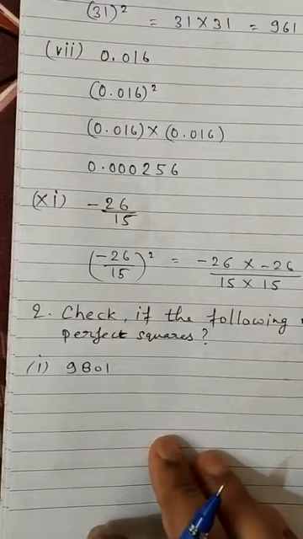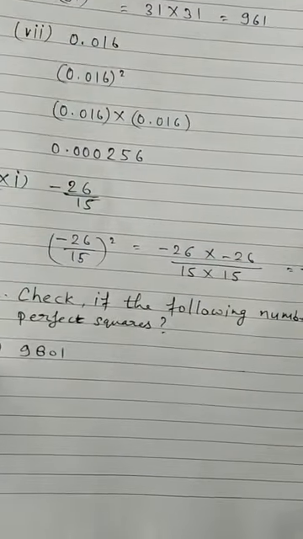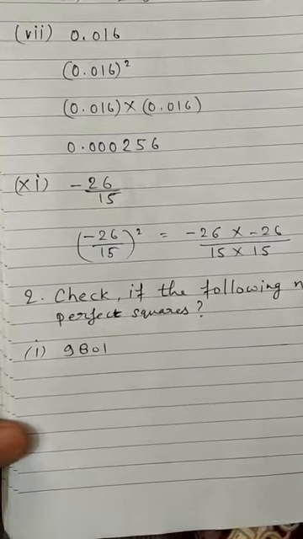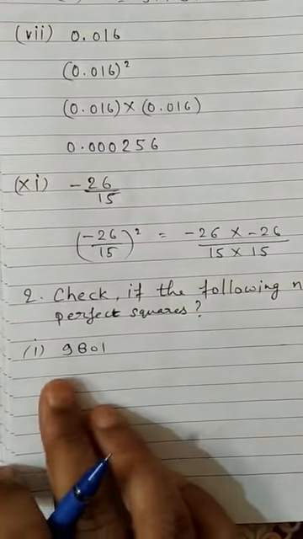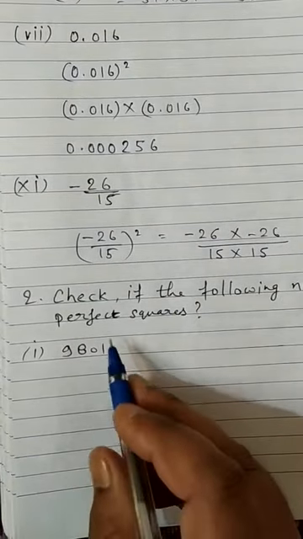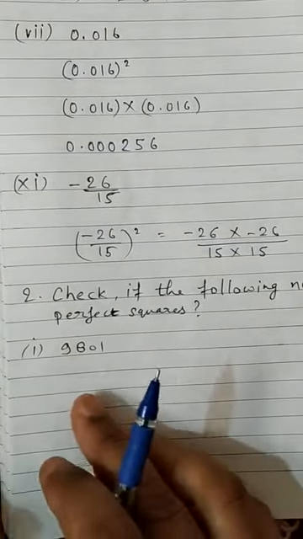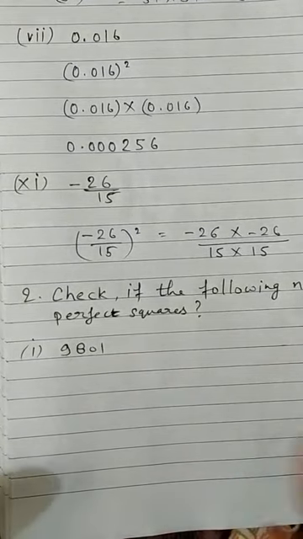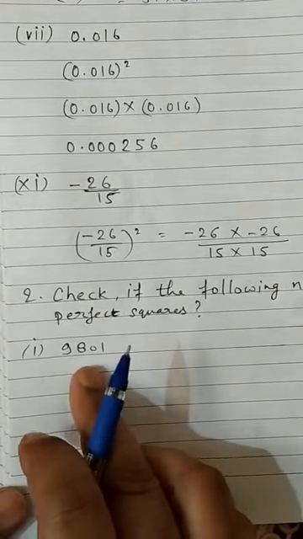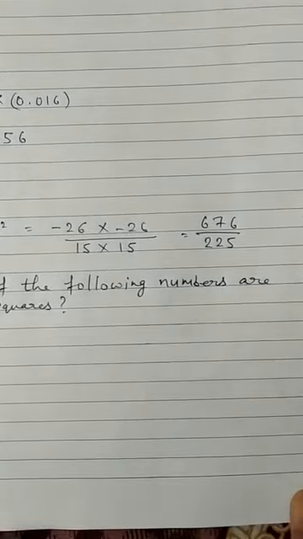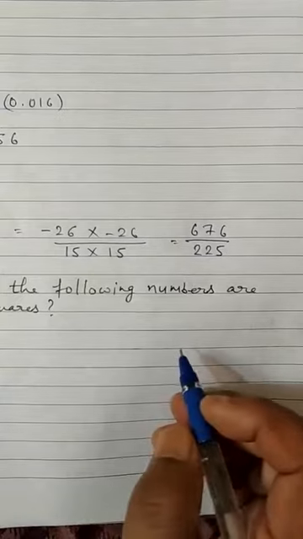Next question is, check if the following numbers are perfect squares. So our first part is 9801. To check it, we have to find the complete pairs of the factors of this number. Let us see using the prime factorization method.